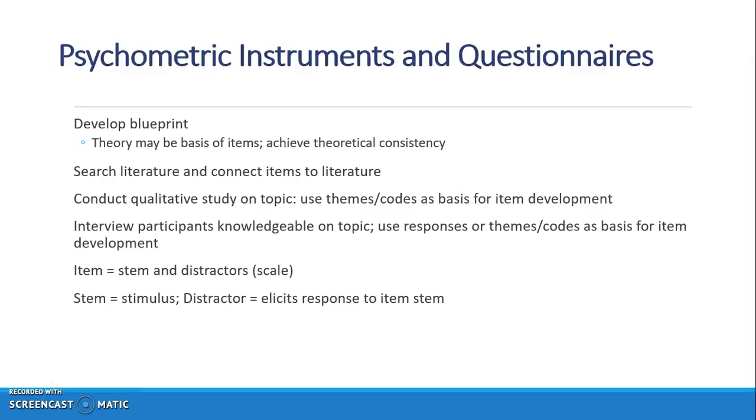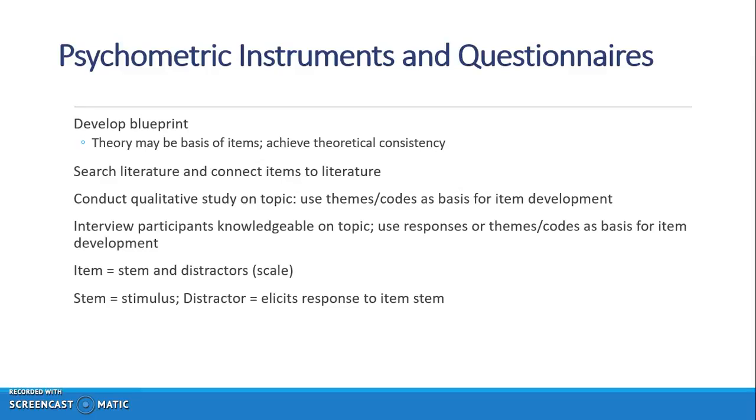You can also search the literature and connect on a map, on a table for a study, how the items link to a very specific instrument, let's say on the construct of caring. You can also conduct a qualitative study and use the themes or the codes as the basis for item development. People who live and basically breathe and experience can also be considered the originators of some of the items for an instrument.